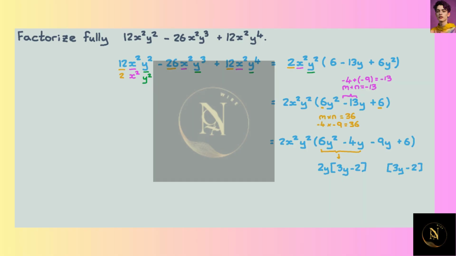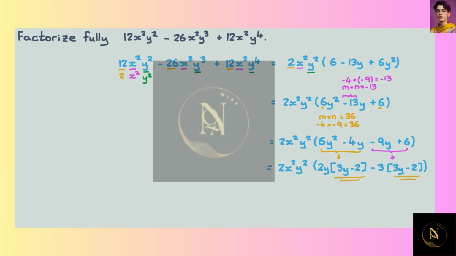We then need to factor the last pair of terms to have another factor of 3y minus 2. We can see that this occurs if we take out a factor of negative 3 from the terms. Remember, we need to multiply this entire expression by 2x squared y squared.